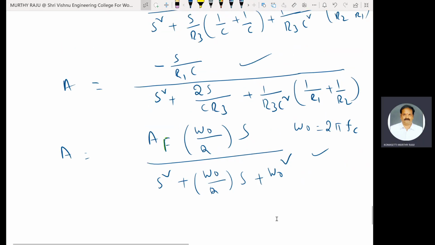Here the negative sign indicates the op amp is in inverting mode, with a 180 degrees phase shift between input and output.